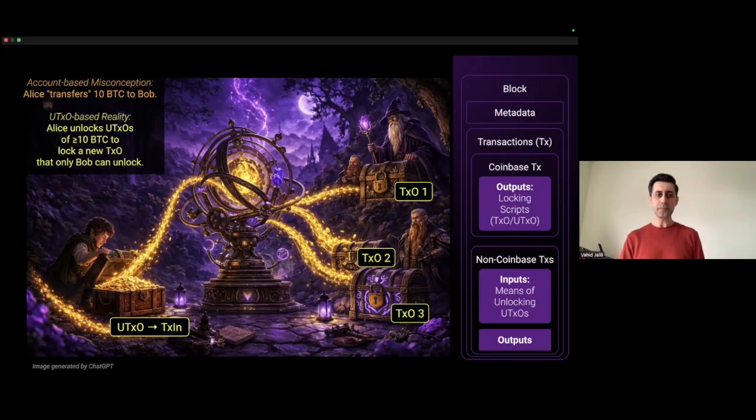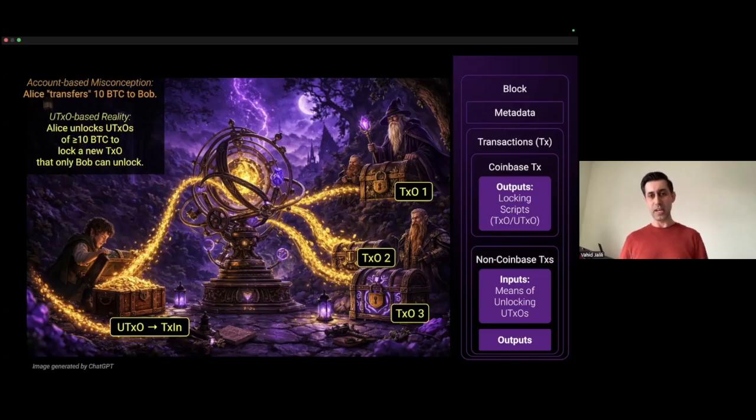So sending to someone basically means you unlock an amount of Bitcoin that only you can unlock, and lock portions of it under locking scripts that only the intended recipient can unlock. So if you have 10 Bitcoins and you want to send 8 Bitcoins to your friend, you need to unlock that 10 Bitcoins.